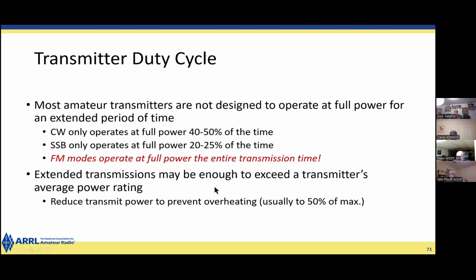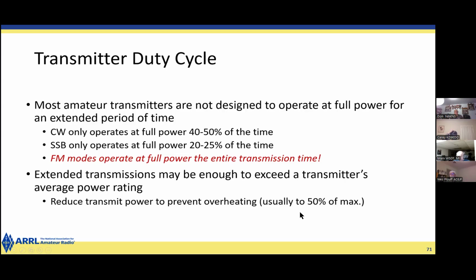You can overheat them, or you can even damage them. What you usually do is reduce the output power to one half or less, so that you aren't generating as much heat in the power amplifier of the transmitter.